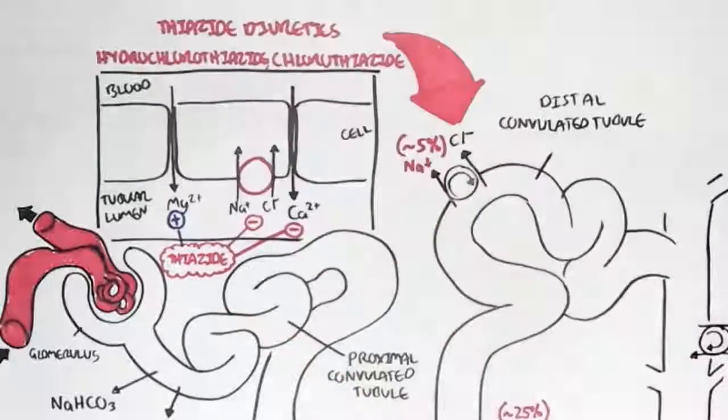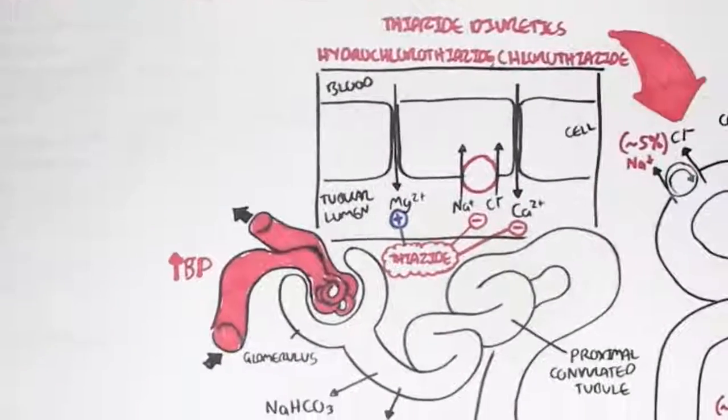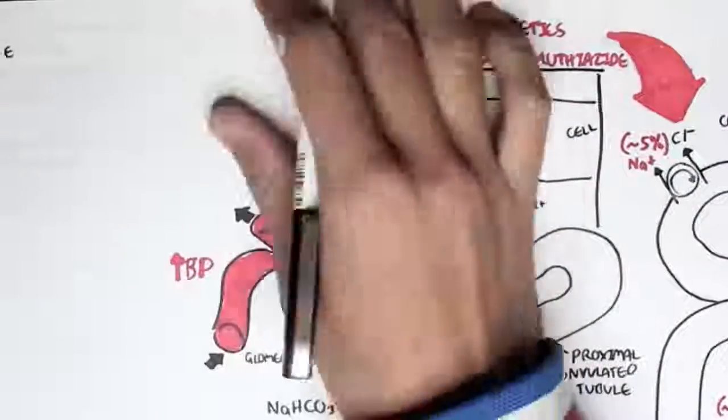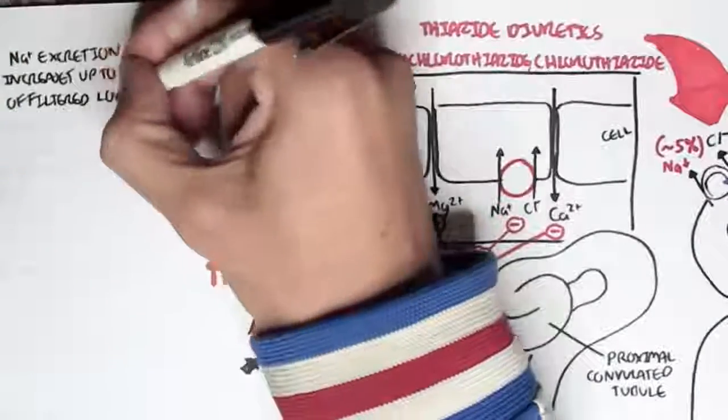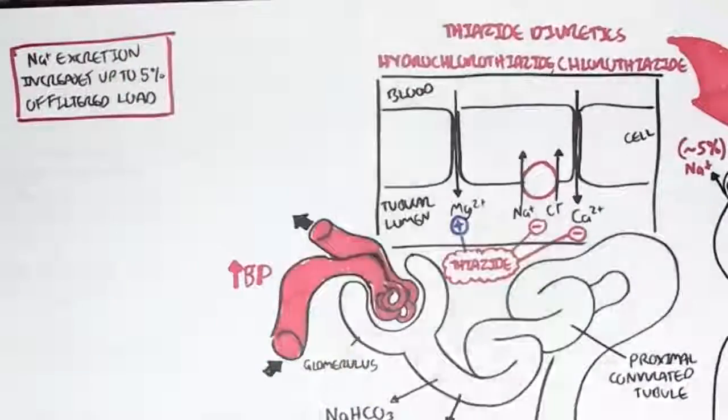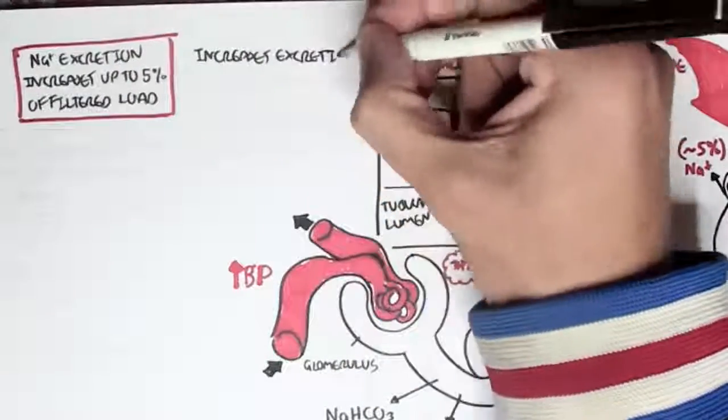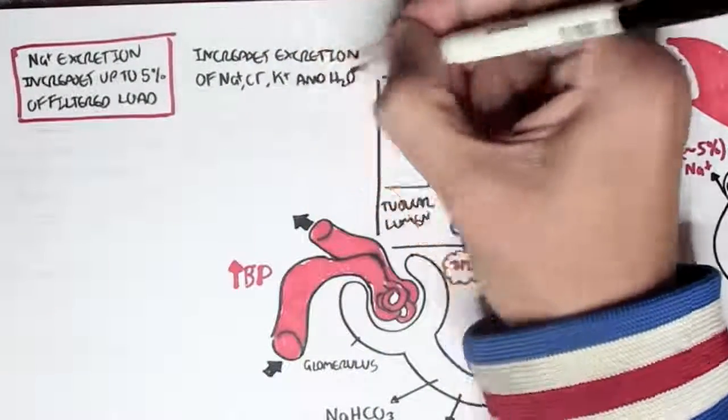So thiazide diuretics increase sodium excretion up to 5% of the filtered load, 5% because this transporter only reabsorbs roughly 5%. Thiazide diuretics increase excretion essentially of sodium, chloride, potassium, and water.